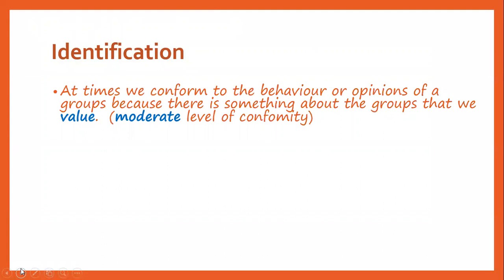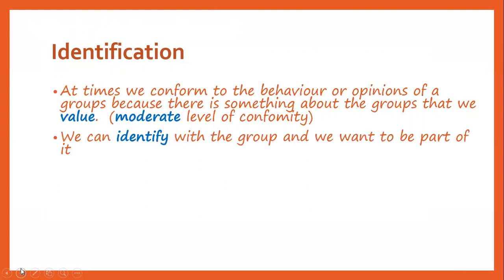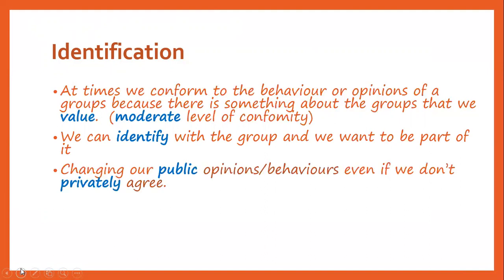Remember, identification, make it into a simpler word, identify. There's something that we can identify with that group, so we'll start to conform to what they stand for, what they represent. So here, we're changing our public behavior again, but we don't necessarily change privately what we agree with.